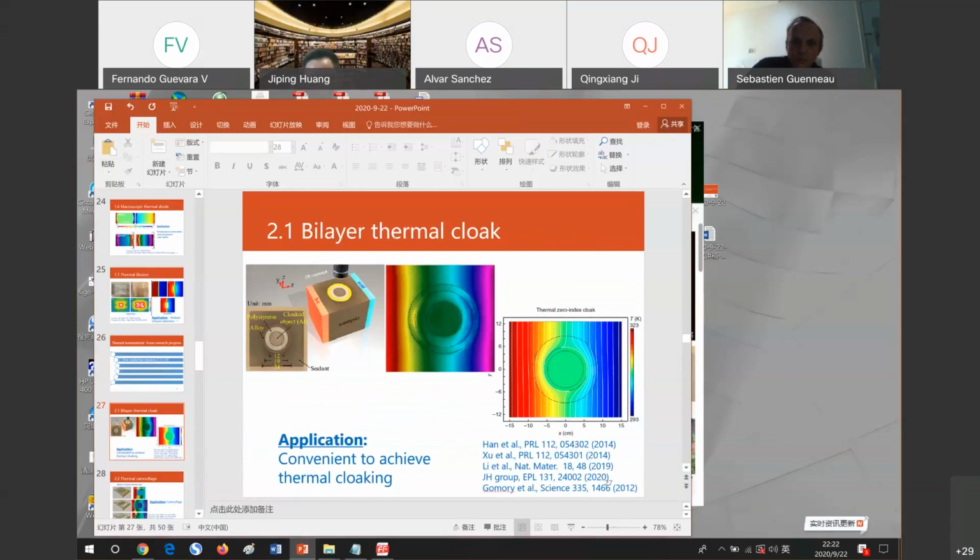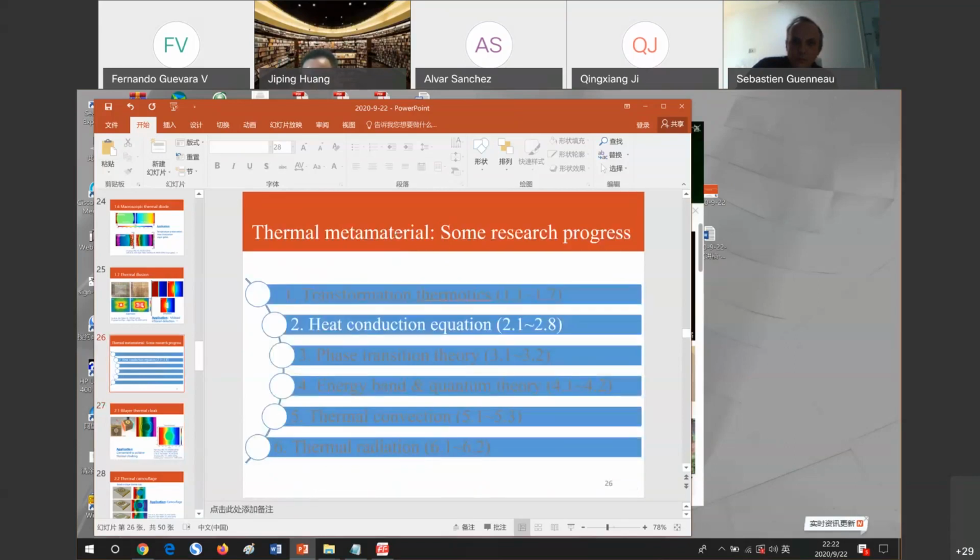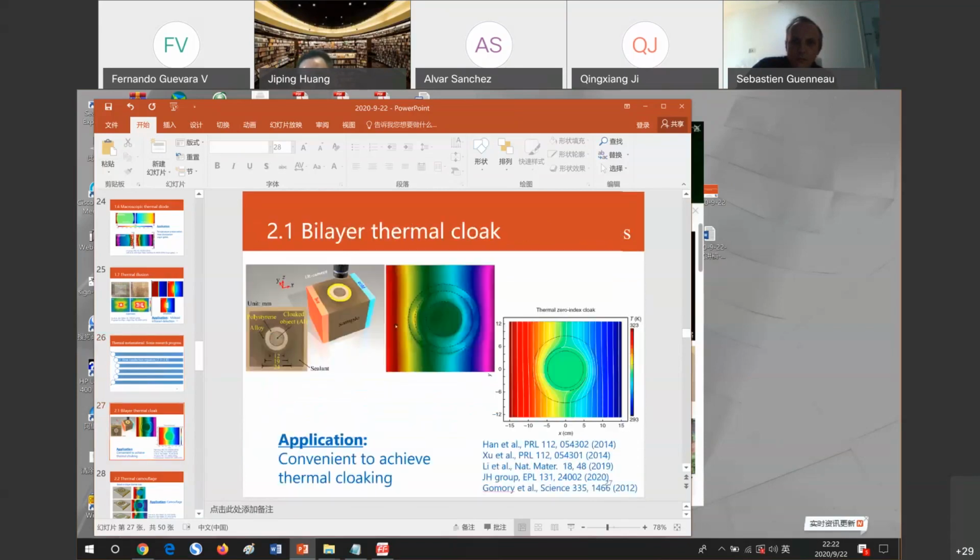But if we use different methods, such as numerical simulations, then we still can design a bilayer thermal cloak from point to point. As a result, we can obtain the whole phenomenon of thermal cloak. So this is my answer.